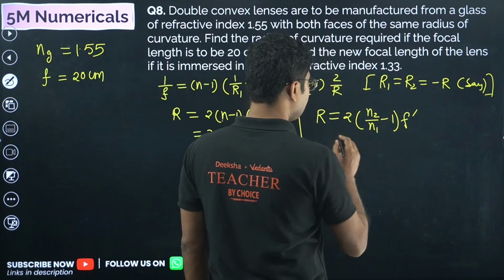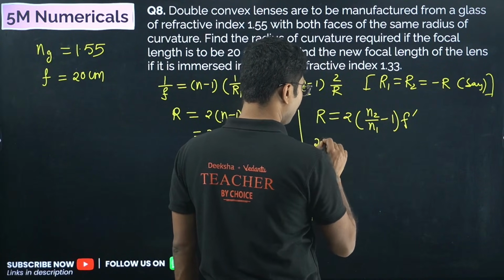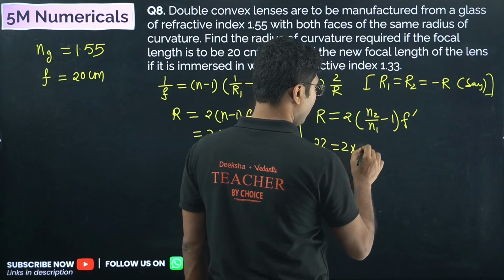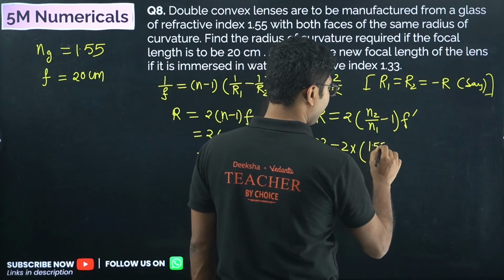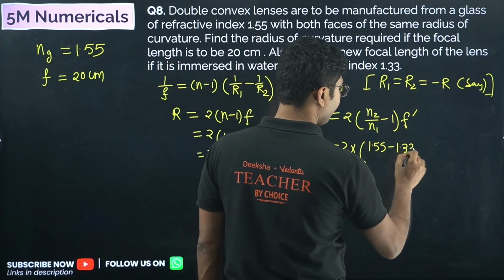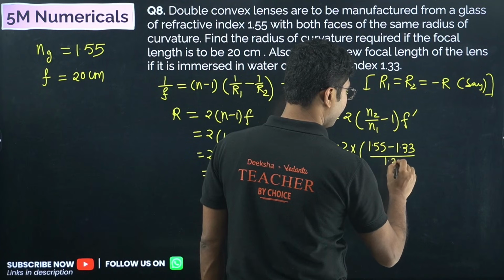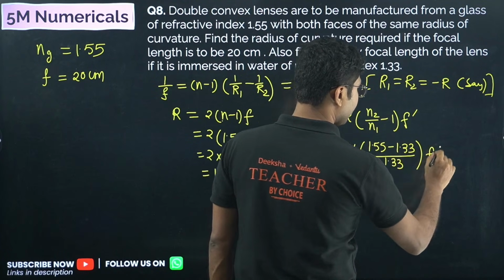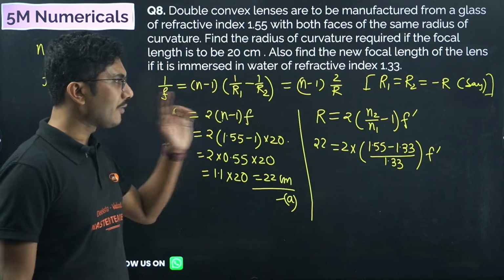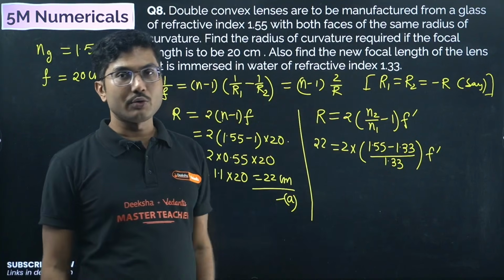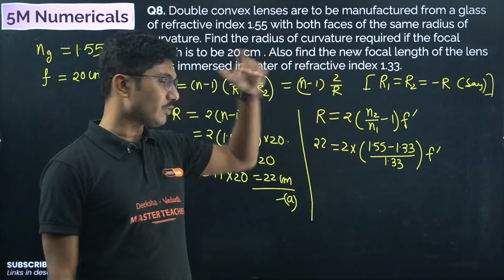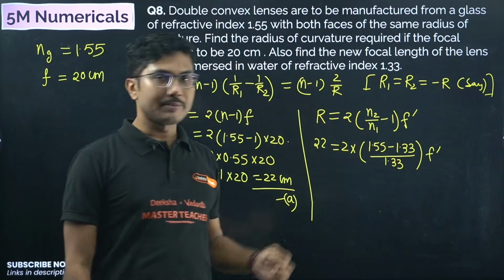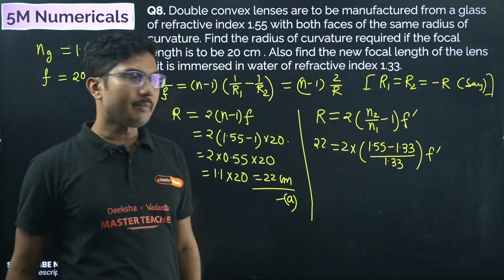Now we will simplify. The r value we know is 22, so 22 equals 2 into (1.55 minus 1.33) divided by 1.33, into f dash. What we have done is put the value of n2 as 1.55 and n1 as 1.33. The common LCM is 1.33 and we just did the mathematics.